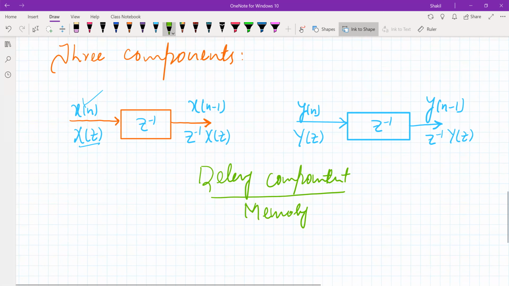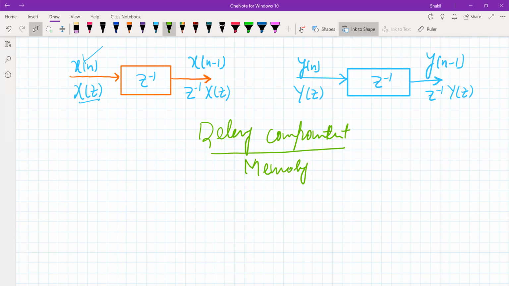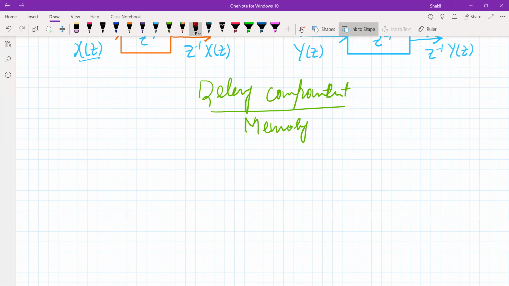And the next component that is required is the multiplier. Now, how do we denote the multiplier? The multiplier is denoted like this. This is how we show a multiplier.